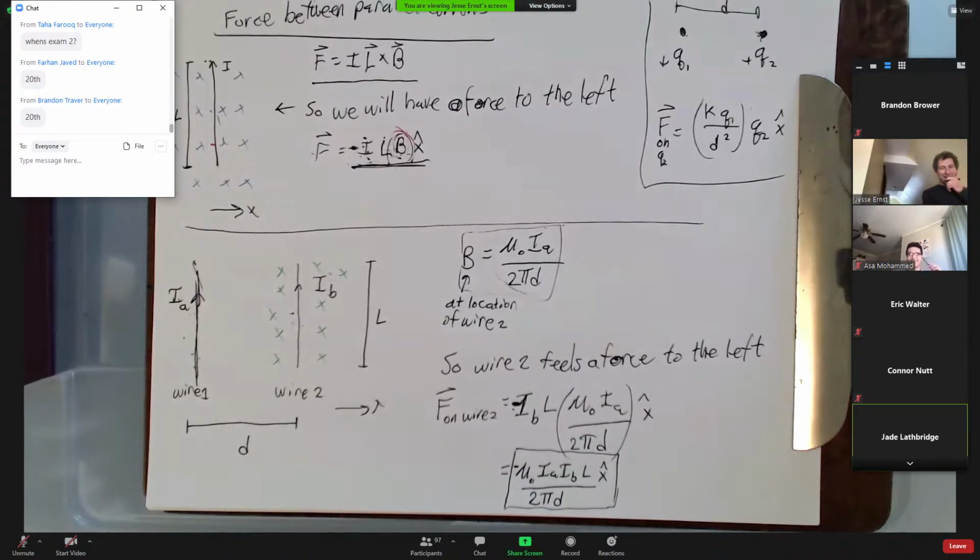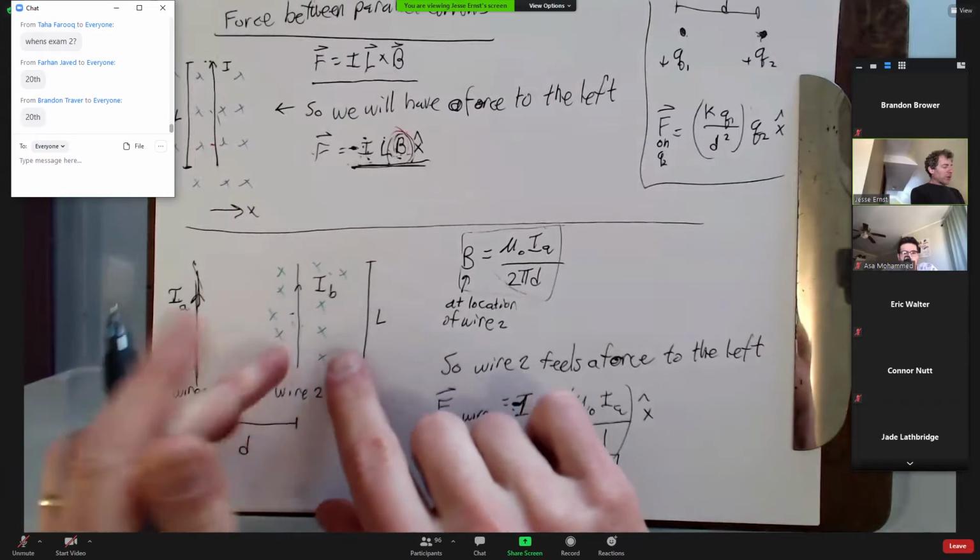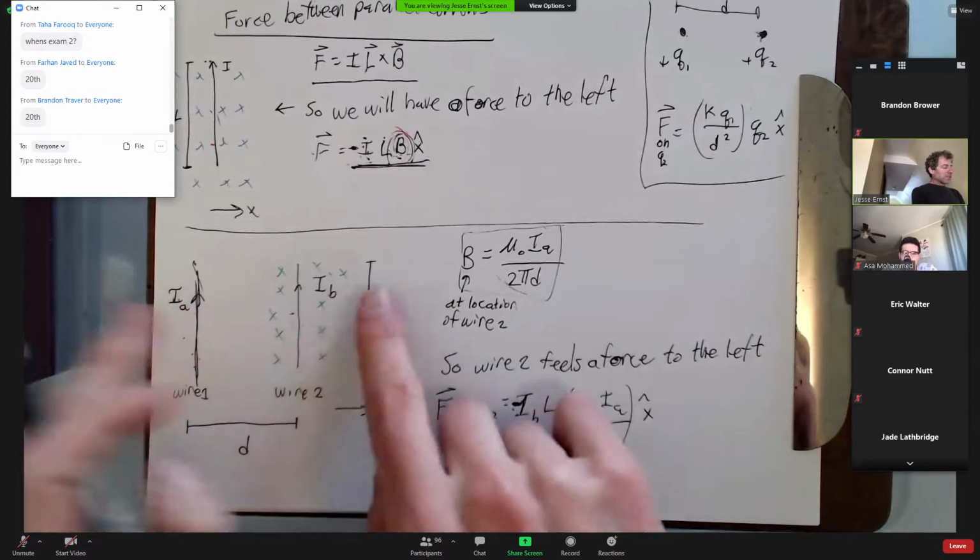Let's see, I have one more question. Could I just say wire 2 feels a force from the left, or is there a reason why it's to the left? No, I would not say that it feels a force from the left, right? Things don't know, they're not sentient. It's a common mistake, and you can get into trouble thinking about forces from something.